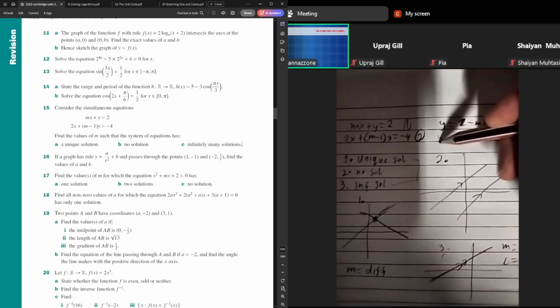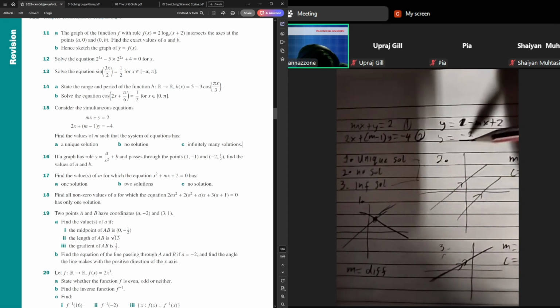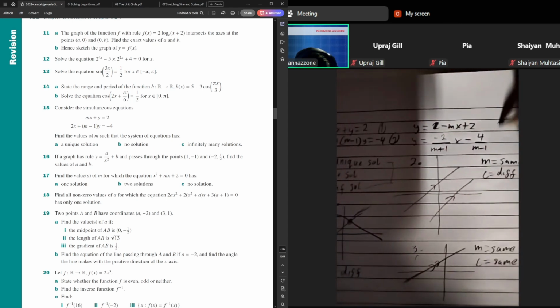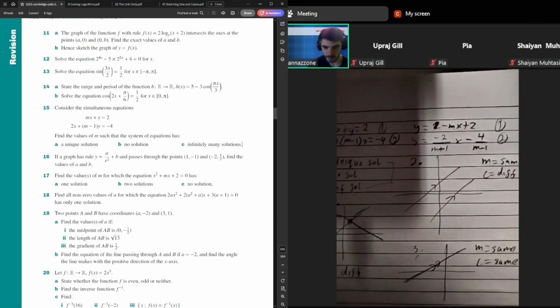So y equals minus 2 over m minus 1 times x, and then minus 4 divided by m minus 1. Okay, that gives us 2 new equations to work with.